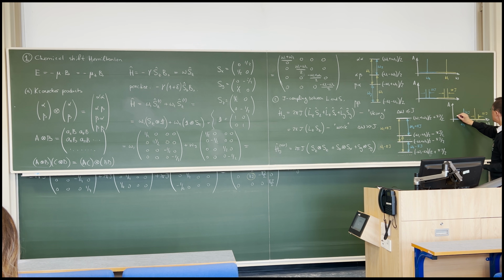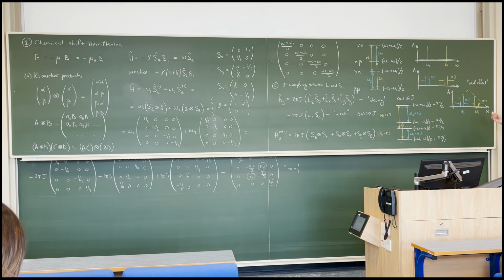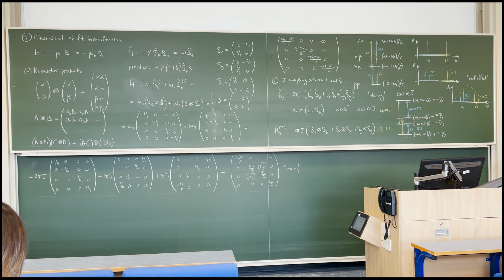This, for obvious reasons, if you draw a roof around here, it looks like a little bungalow. It's called the roof effect, and it only manifests if your difference between the two Zeeman frequencies is comparable to the J-coupling.